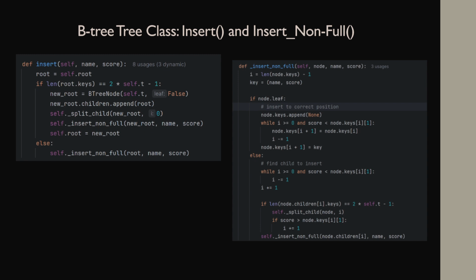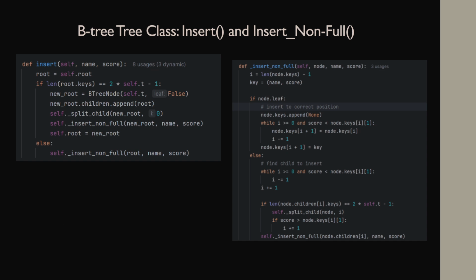So this is also O(log n) because of the tree height, and this maintains tree balance and order. Then that is just used in our regular insert. So insert_non_full is used in our insert method.